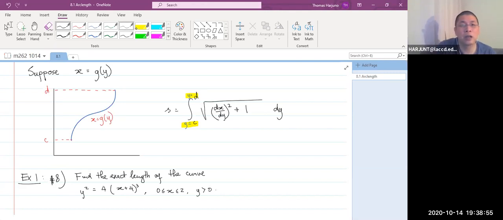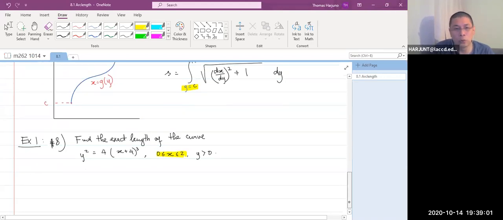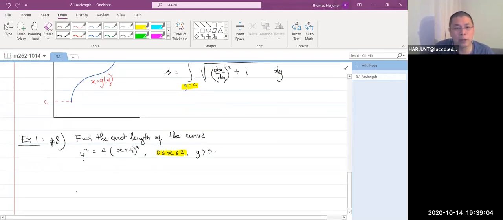Now they tell us the interval in x. So what I need to find out is 1 plus (dy/dx) squared. But for us to find that, we need to first find dy/dx. Is it right?